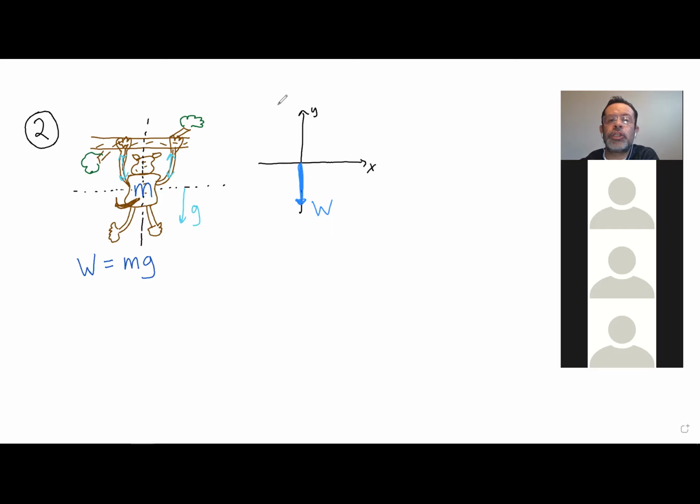Okay. And so we're also going to have 2 forces that are going to have to do with, I'm going to call this F right, F left. We're going to have 2 forces here that are going to have to do with the reaction or the pulling towards the branch.